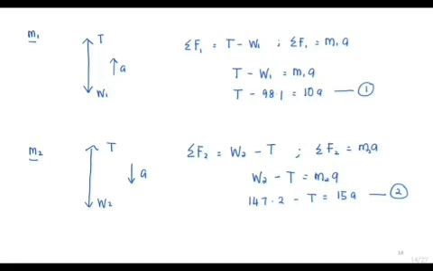Question A is to determine the acceleration of the 10 kilogram object, which means the acceleration of M1. Acceleration for M1 and M2 are the same since they are attached together by the same string. To determine the acceleration, we will do simultaneous equation.